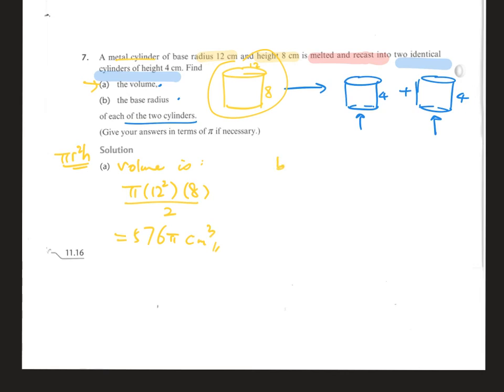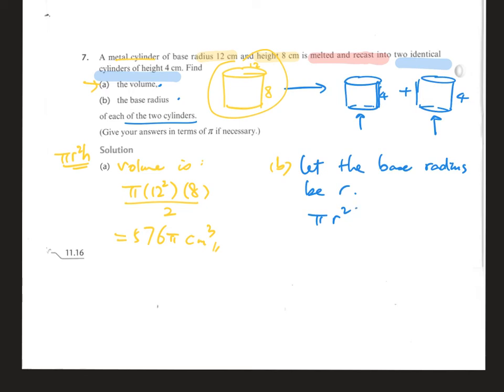And afterward, in part B, if you want to find the base radius, again we need an equation. We let the base radius be r. So pi r squared, where r is not known yet.